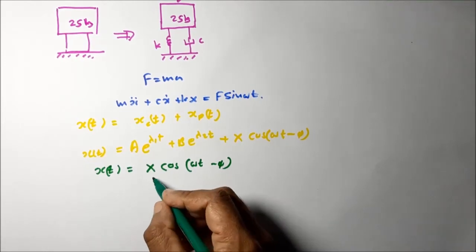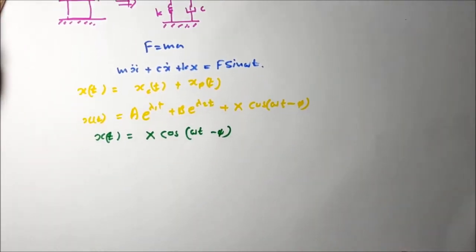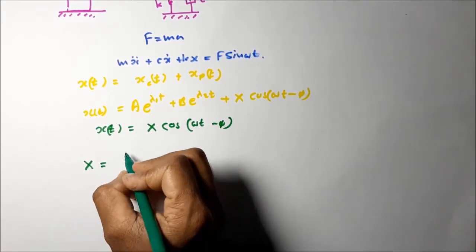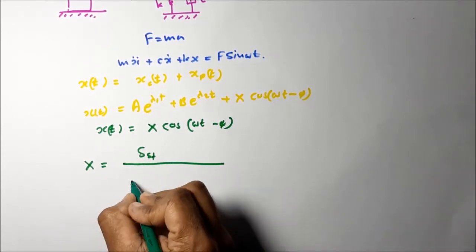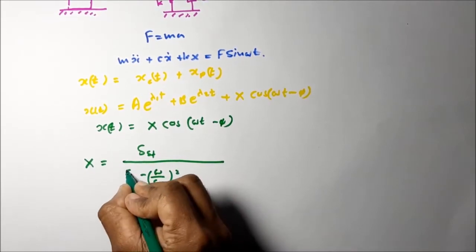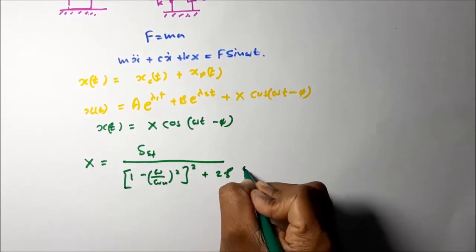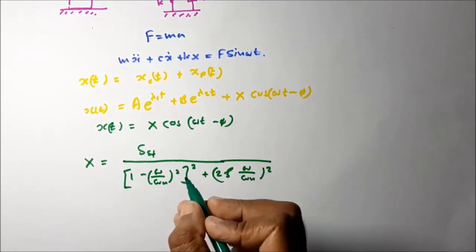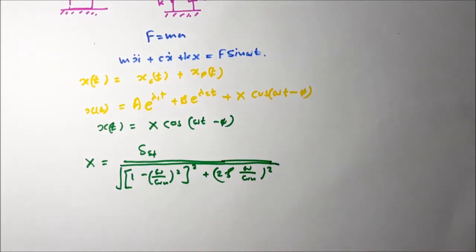By substituting this solution in the differential equation we obtain the X value. X equals delta st, the static deflection, divided by the square root of (1 minus (omega divided by omega n) squared) squared plus (2 zeta omega divided by omega n) squared.